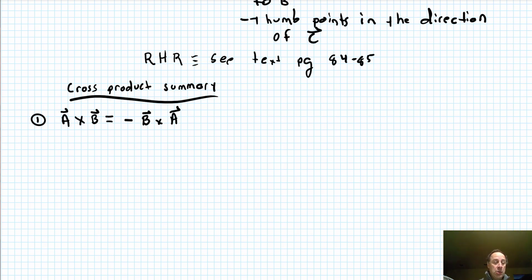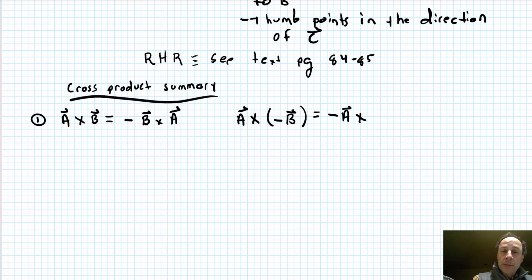So if you change the order of the vectors, the sign of your result changes. The magnitude doesn't, but the sign changes. Also, similar thing, A crossed with a minus B is going to equal minus A cross B.